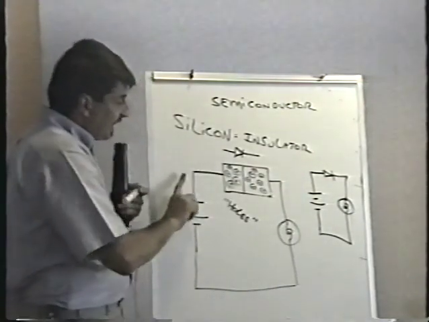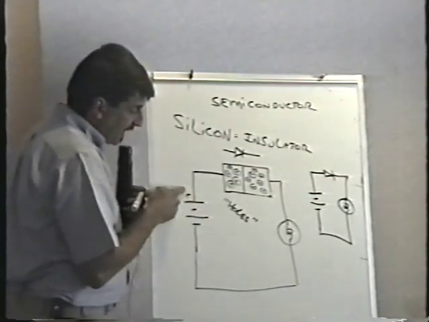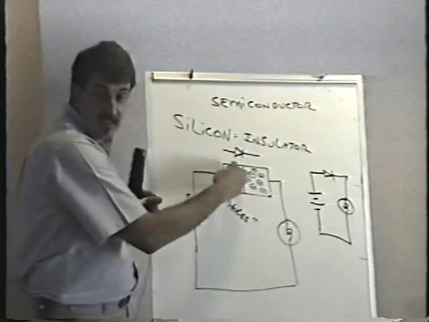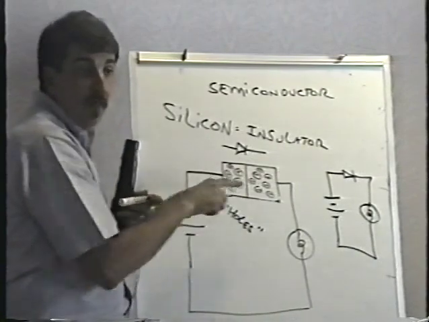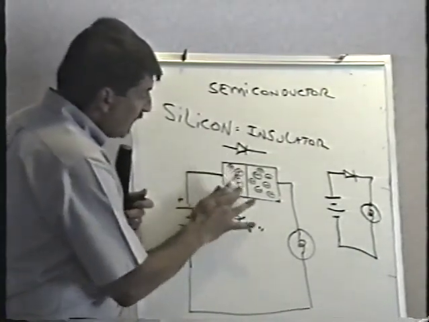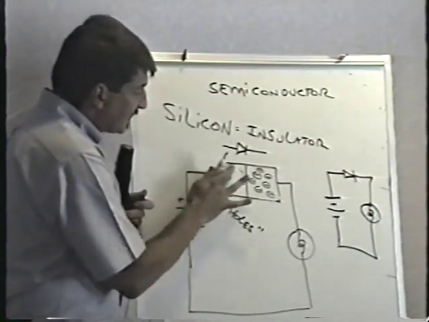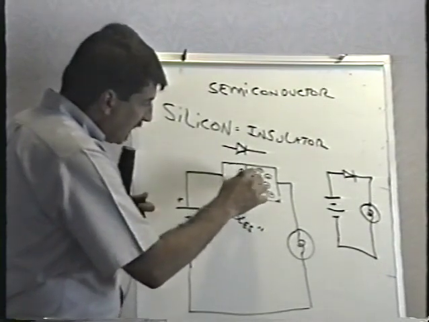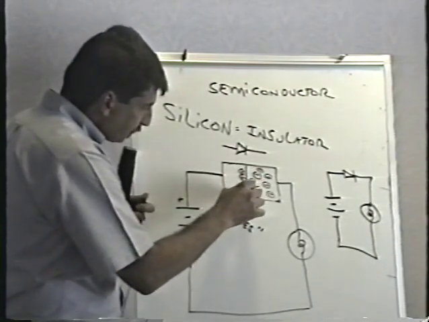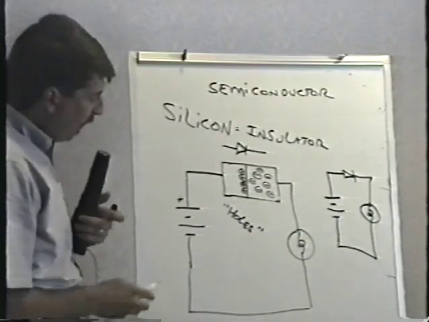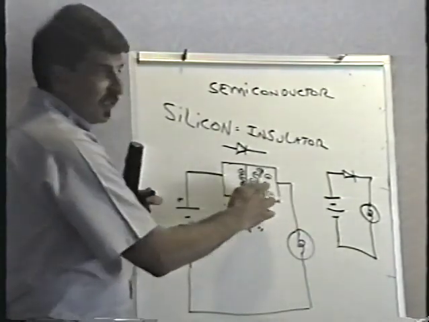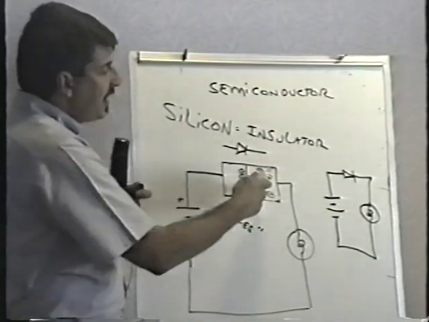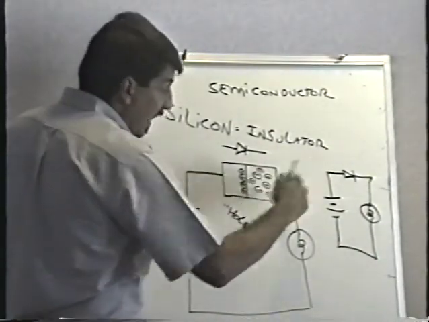So here we have the positive side of the battery connected to these positively charged holes, and it's going to push them that way, isn't it? It's going to repel them. What it really does is it literally slams them up against the PN junction. Over here, here's the negative side of the battery connected through the lamp to these electrons. Negative battery, negative electrons, same thing, it's going to repel.